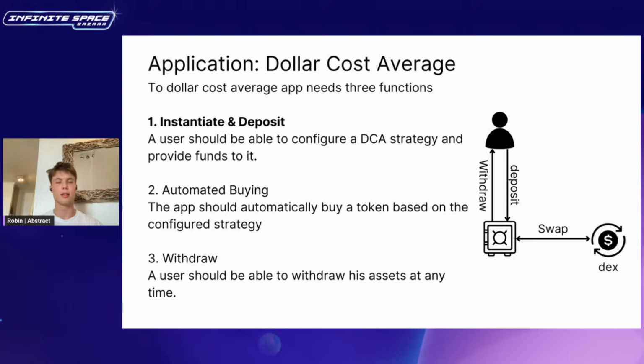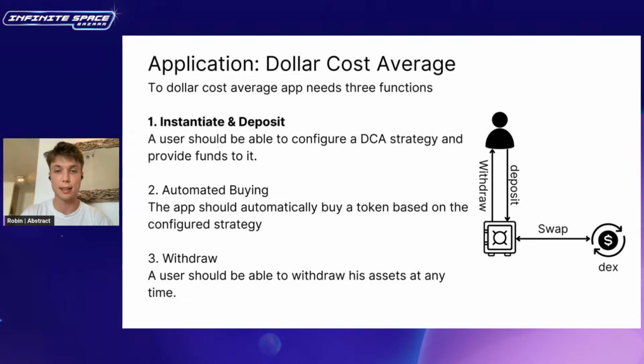If we want to think about how we would make something like this, from a developer standpoint and a user standpoint, we need three things. First of all, we need an ability to create this application and to configure it, as well as deposit into it. So if I want to buy Bitcoin 10 times over the next month, then I need to be able to tell the code on chain to do that.